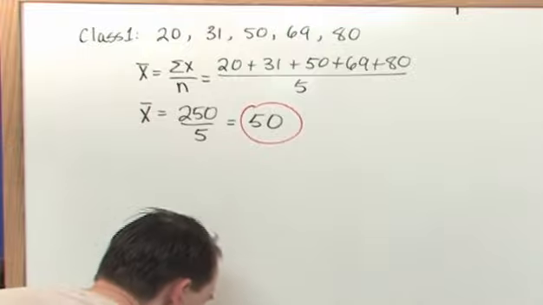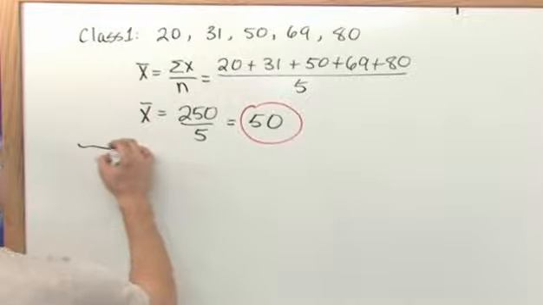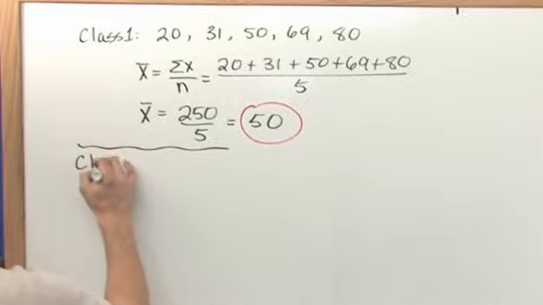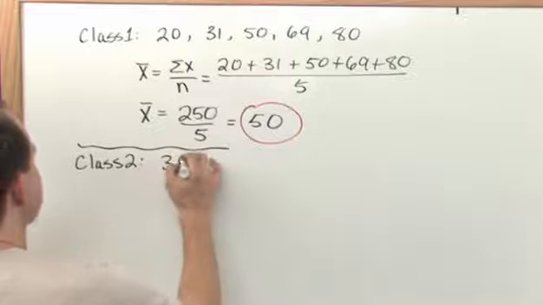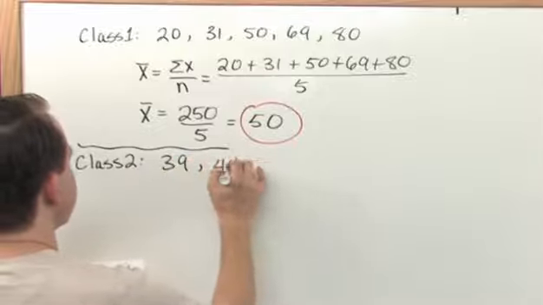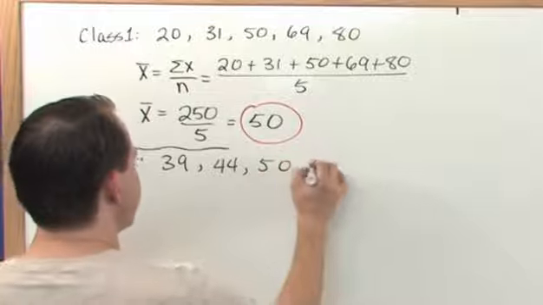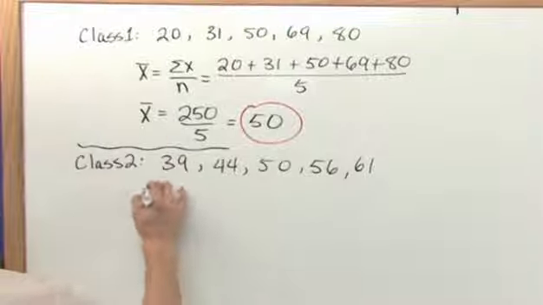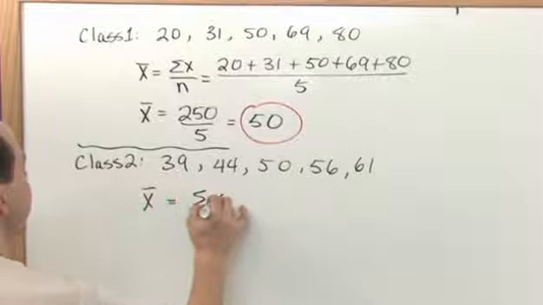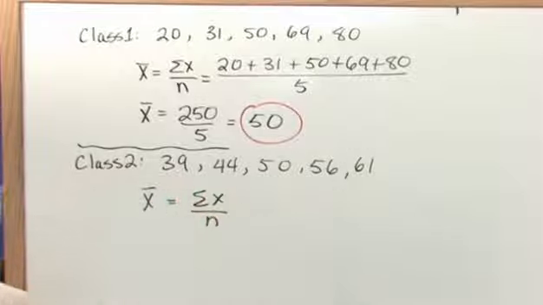Okay, now let's go off and look at class number 2. The grades in class number 2 are 39, 44, 50, 56, and 61. Let's calculate the average of these grades. The average value is the sum of the values over the number of values that we have.